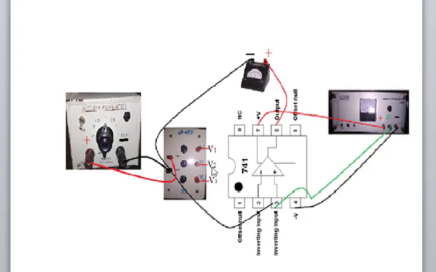The output is measured using this voltmeter. The positive is connected to the 6th pin and the negative is connected to this ground minus. So this ground minus is connected to the 3rd pin. It is the general connection for operation of IC 741.